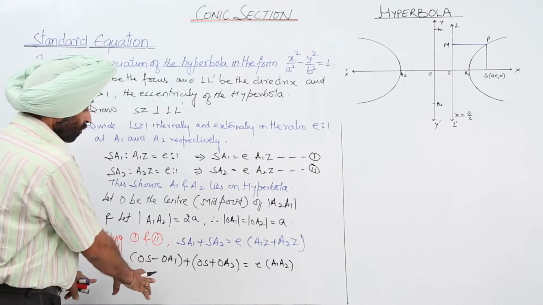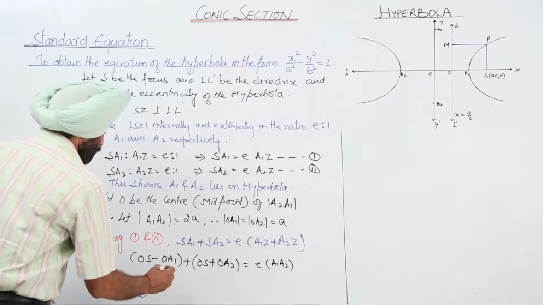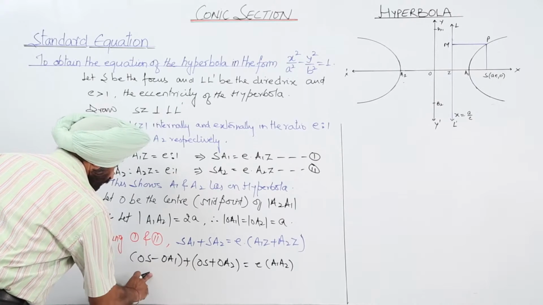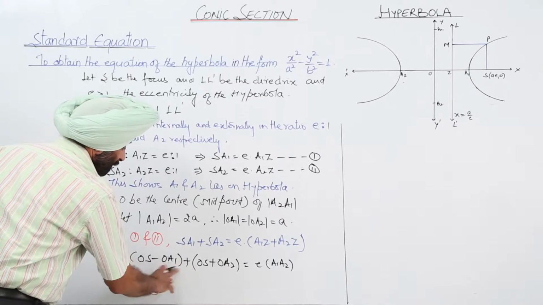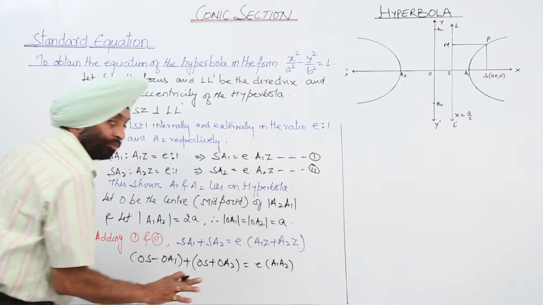So on opening the brackets, we have OS, OA1 and OA2. OA1 and OA2 will cancel because they are both equal to the same constant term.